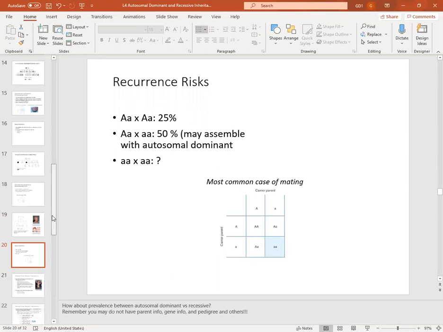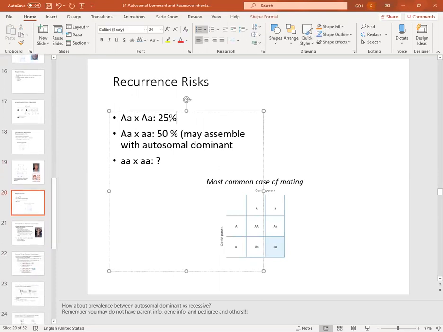So the recurrence risk of this one is about 25%, right? 25%. Different from the dominant, where the most common case is small a mated with big A and small a, we have 50%. And this one is a carrier mating with a carrier, and the offspring risk is about 25%.